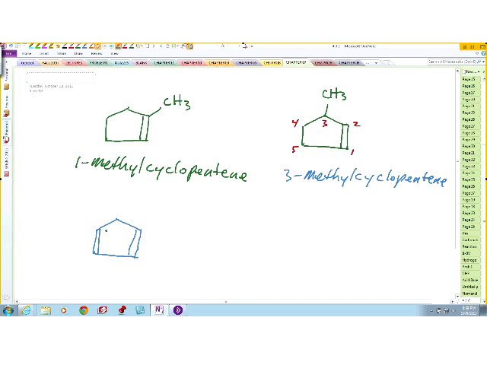Whenever you have 2 double bonds, then you're going to have to use the prefix di, and then the suffix ene. Now, this name will be coming from the corresponding cycloalkane. The corresponding cycloalkane will be cyclopentane.